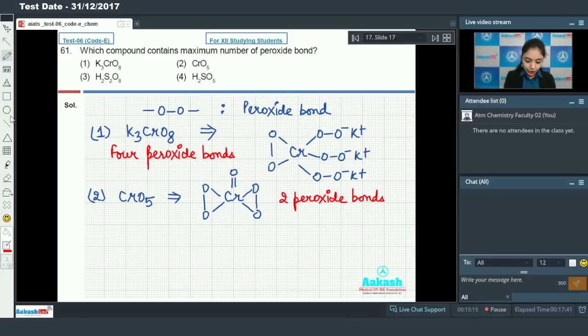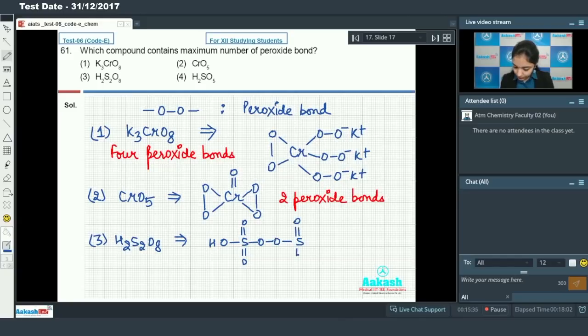And now you have H2SO8, which is also known as Marshall's acid. In this case you can see here it has one peroxide bond.